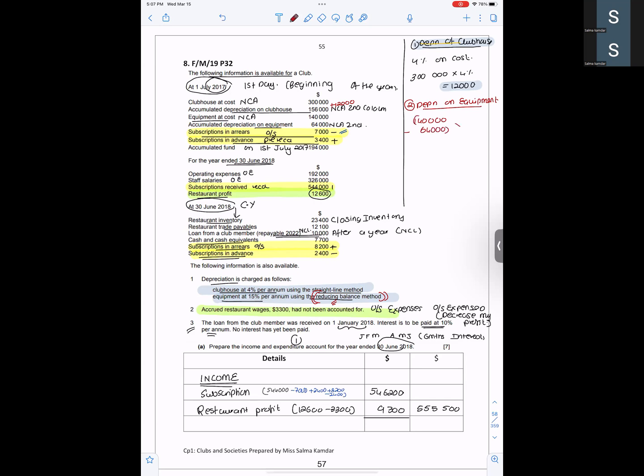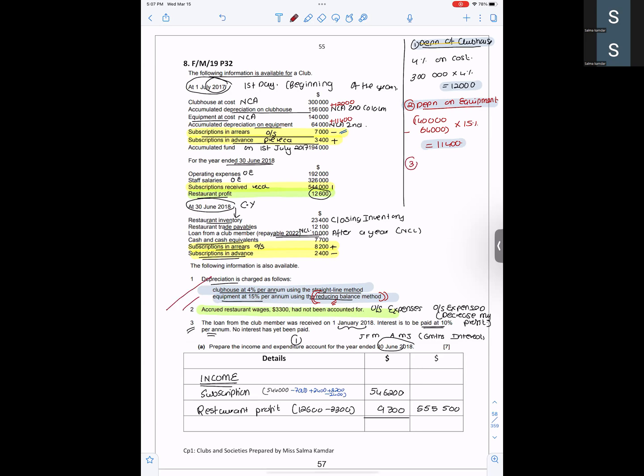Reduce the value by 15%. So it is coming up to 11,400. So your second expense is depreciation on equipment, 11,400. And this you will add over here in accumulated depreciation. Okay, now let's see what is the third expense that you could think of.